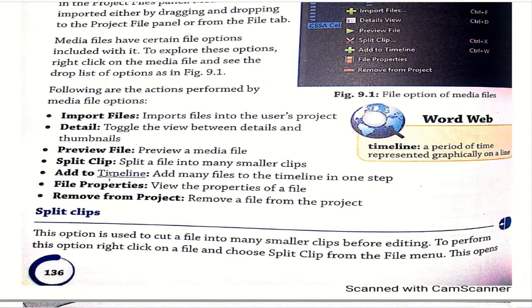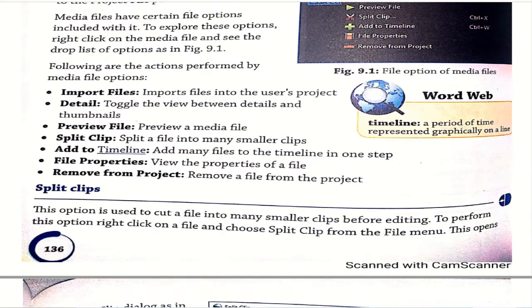Next, split clip, split a file into smaller clips, like if you want to delete some sections, then it will split your files. Next, add to timeline, add many files to the timeline in one step. Next, file properties, view the properties of a file, like any animations you want or anything, those things will be available in that particular property. Next, remove from project, it means that if you want to remove that file from your project, then you will be able to remove that file.